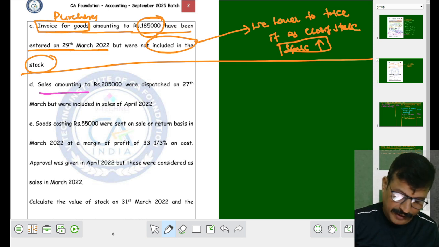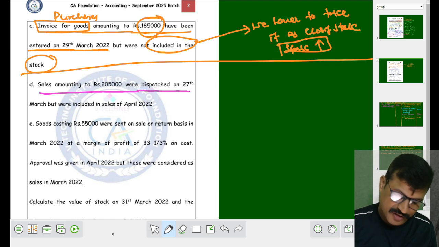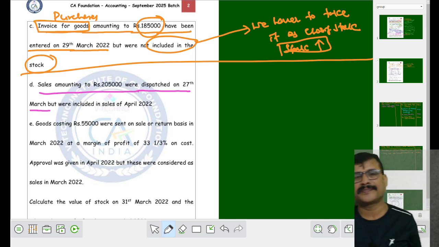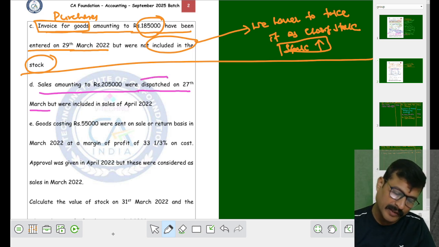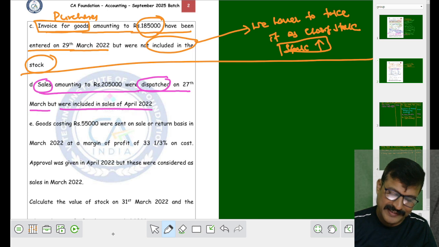Sales amounting to rupees 2,05,000 were dispatched on 27th March, but were included in the sales in April 2022. See what happened.